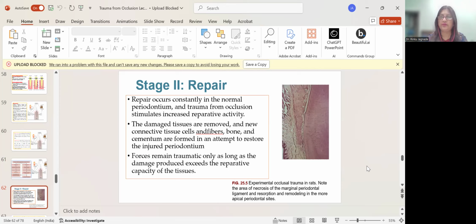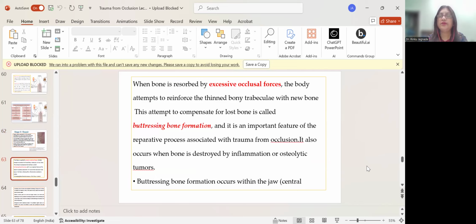Forces remain traumatic. Forces will be called traumatic as long as the damage produced exceeds the reparative capacity of the tissue. Now, when the bone is resorbed by excessive occlusal forces, the body attempts to reinforce the thin bony trabeculae with new bone.